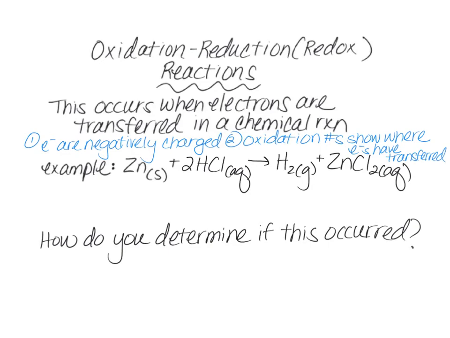So before I start assigning oxidation numbers, I'm going to give you a little mnemonic to live by when it comes to oxidation reduction reactions. Here is the mnemonic, OIL RIG.